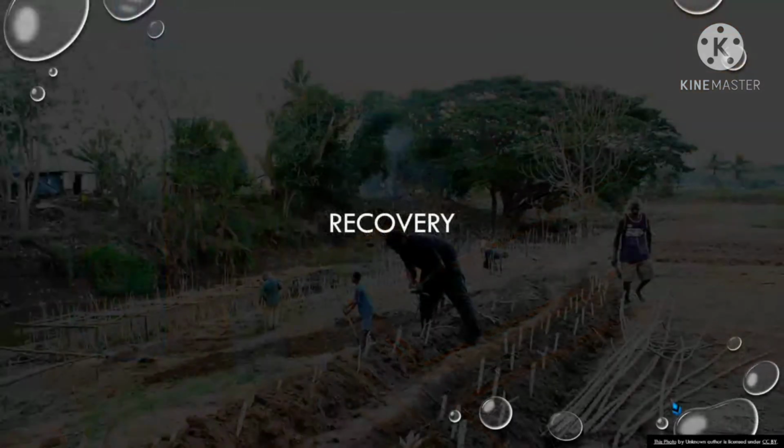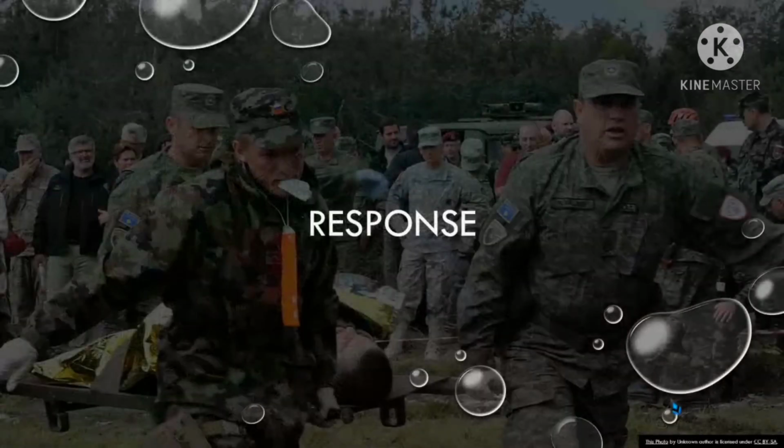The next phase is recovery. Its name is telling, it's recovery. Recovery includes action taken to return to a normal or even safer situation. Before this, response is also one of the phases.